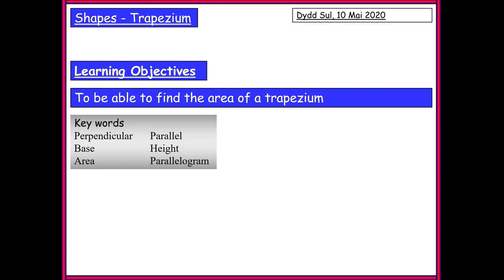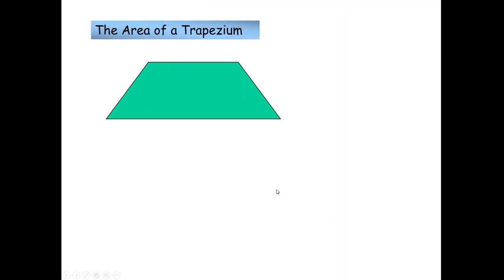Okay, and finally we're looking at the area of a trapezium. So again, click pause and make some notes. Area of a trapezium.